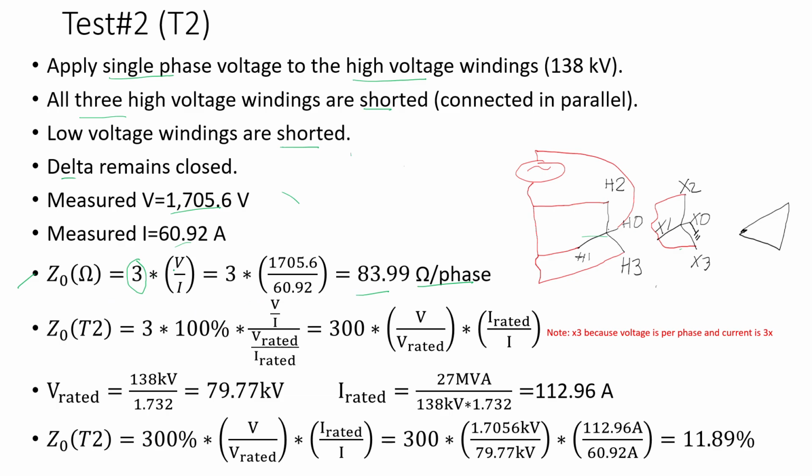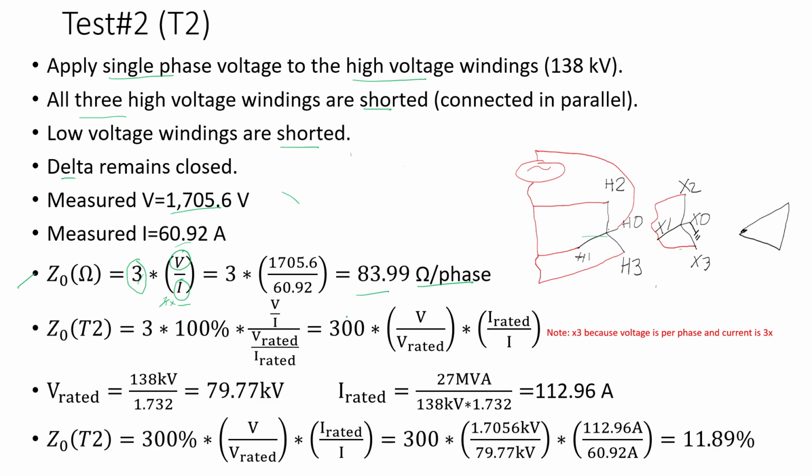Why is it per phase? The voltage that's measured is single phase or phase to neutral. The current is basically 3 times. So 3 divided by 3 is 1. So that's why it's per phase.